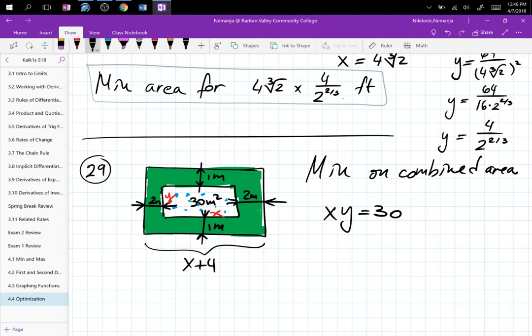And how about the vertical one? y plus 2, nice. So now we want the outer area to be minimum. So this is x plus 4 times y plus 2 equals a minimum, right? That's what we want.